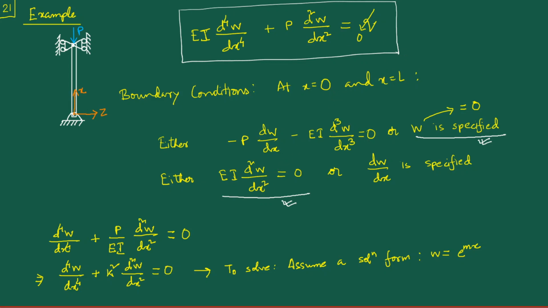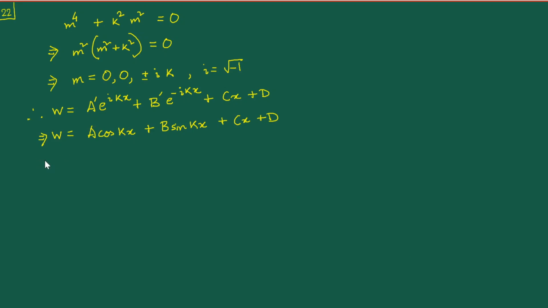Okay, so now the boundary conditions. At x equal to 0, w is equal to 0. That implies if I substitute x equal to 0 here, this vanishes, this also vanishes, and I am left with this.